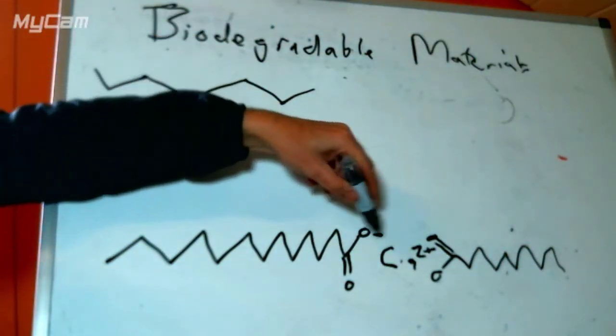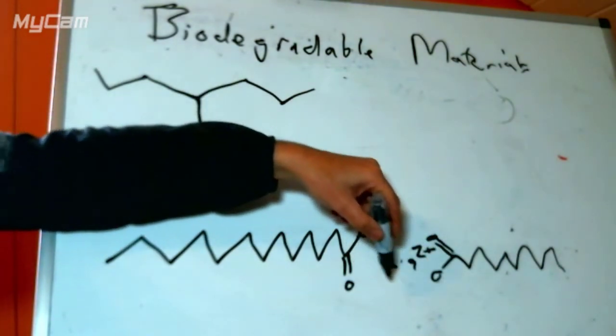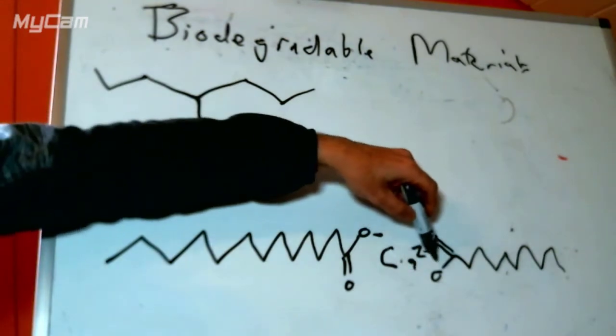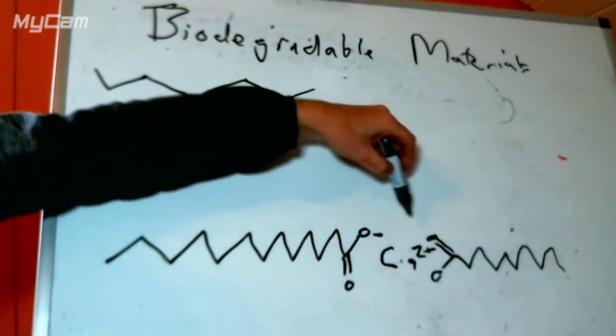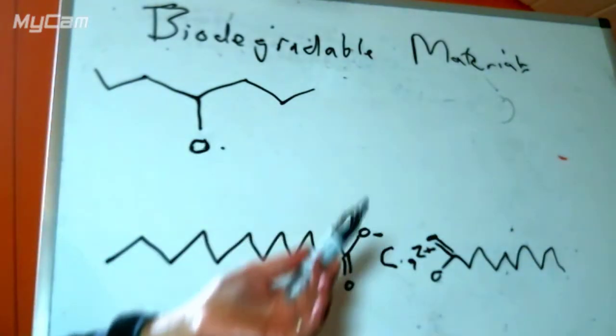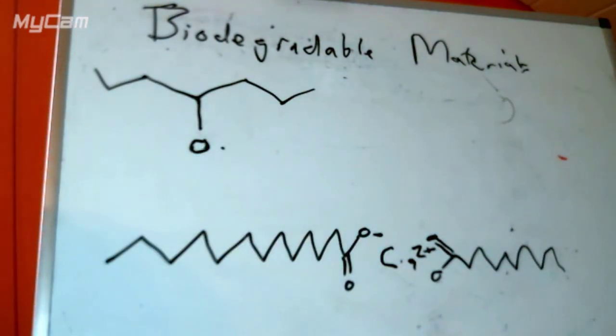Now we've got 2 soap molecules around our calcium, and this is completely insoluble in water because the charge is all associated in the middle, and we've got all of this long chain on both sides. Those interact with each other, hydrophobic interactions, and we end up with a thing that we call soap scum. It's the grey, horrible stuff that builds up around your sink, particularly here, actually.